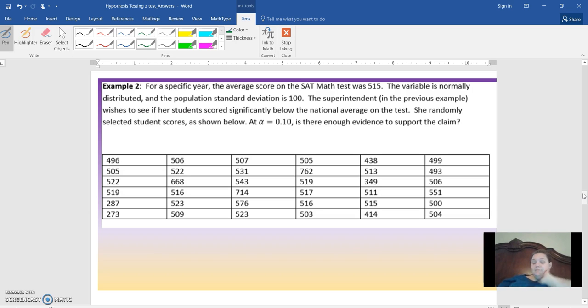We're going to do this problem, and notice we have a list of data. So the first thing we need to do is just stick that in our list 1. Okay, and so I'm going to do that. I hope you're doing it with me.